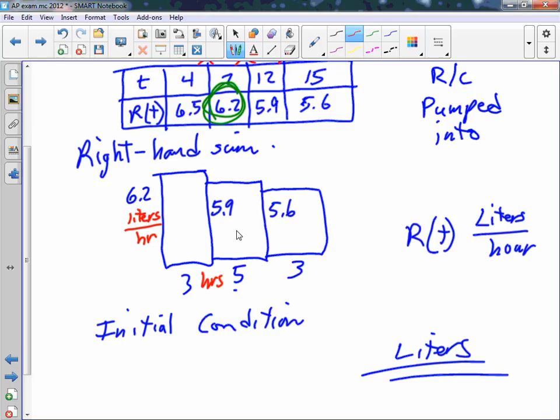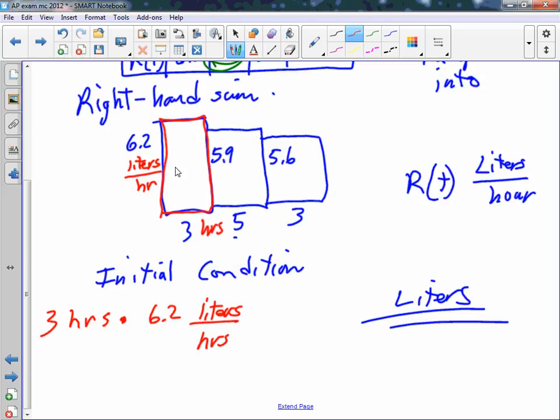Okay, so now let's think about this. If I go hours, in this case, we'll do a specific example. If I go hours times 6.2 liters per hour, the area. Now I'm going width times height of this rectangle in my Riemann sum. The area of that sucker is in what units?